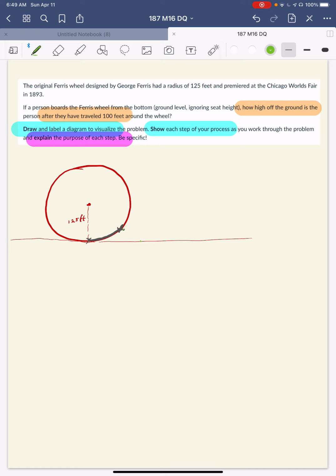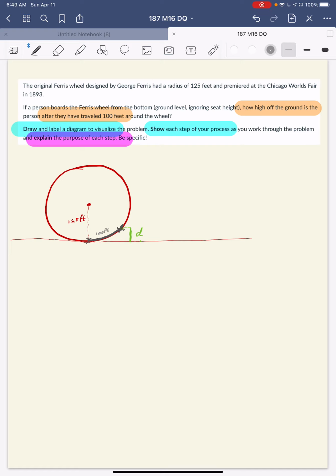Well, actually, I'd like to put it out here where I had it, just so you can see what's going on. So that's the distance D right there that I'm actually being asked to find. Okay, so now we know a few things. I know that this is 100 feet, okay?